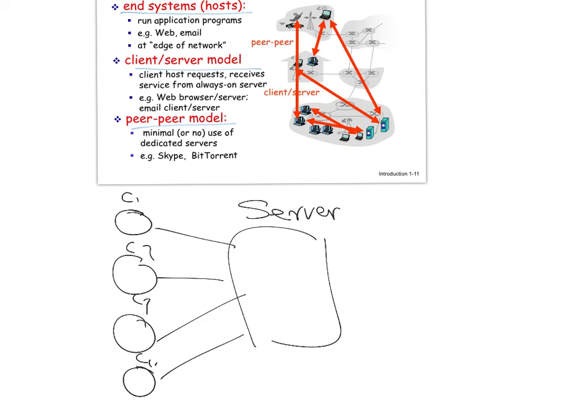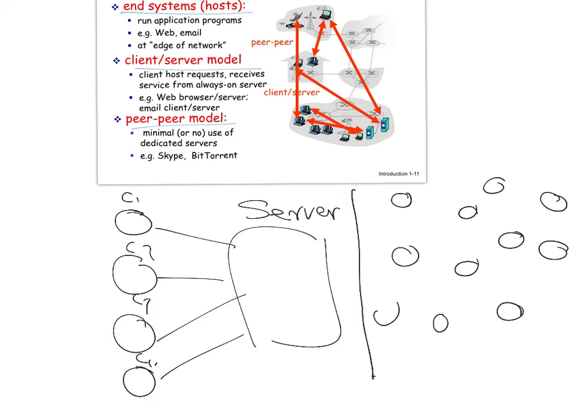Okay? So it's a many-to-one relationship. Whereas for peer-to-peer, there's no designated server in that case. The peers are logically connected in a form of mesh.